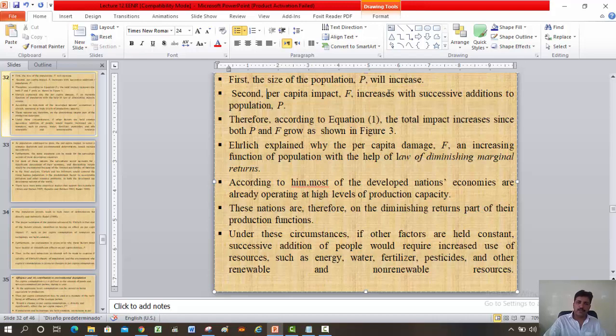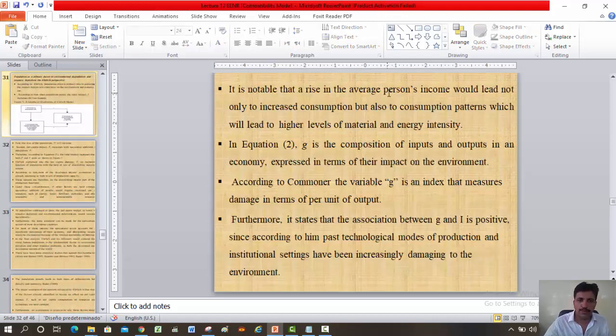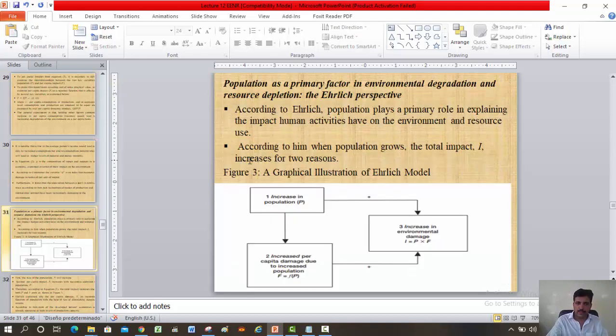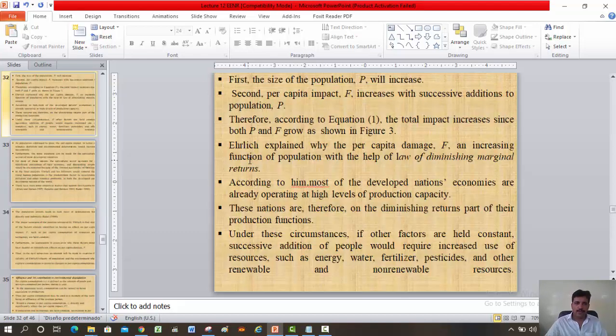As we see in equation number 1 and equation number 2, P is also a significant determinant of F. So with an increase in P, the per capita environmental damage will increase. Therefore, according to equation 1, the total impact increases since both P and F grow, as shown in figure number 3.